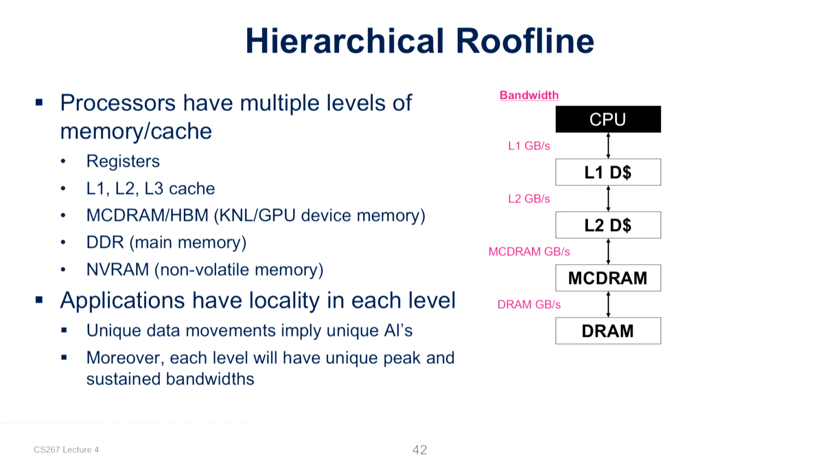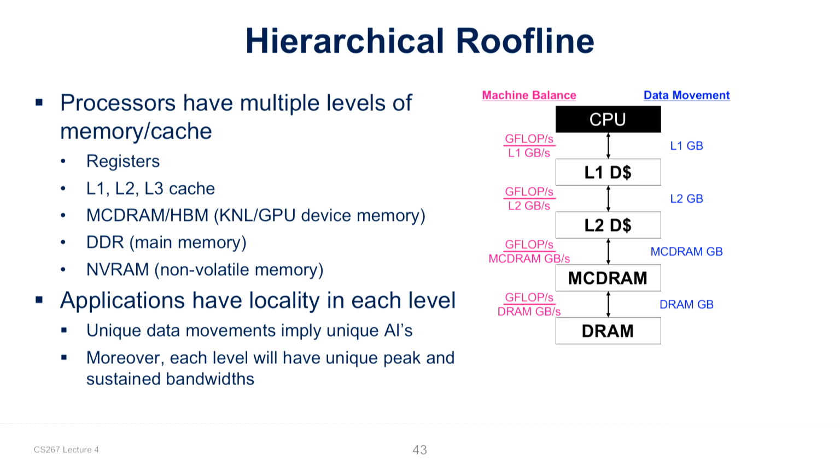Each one of these will have a different number, and they're going to have different sizes as well in terms of the total amount of data that can be stored in them. So the machine balance is going to be the gigaflop rate, which is the same at every level, divided by the L1 bandwidth, the L2 bandwidth, and so on. The balance that you need is basically how much computation can you fit into the amount of data that you can get into that level of the memory hierarchy.